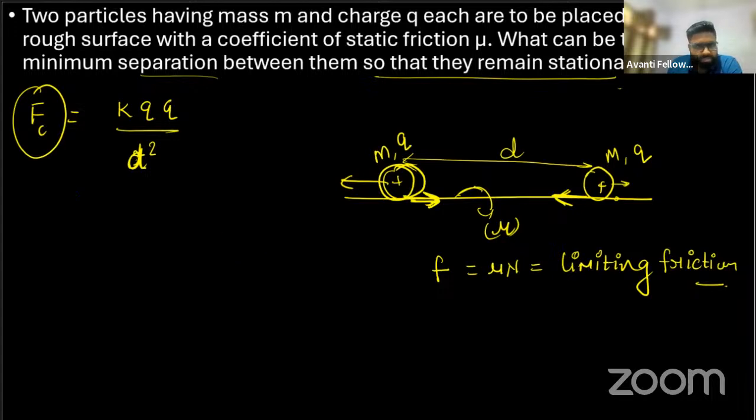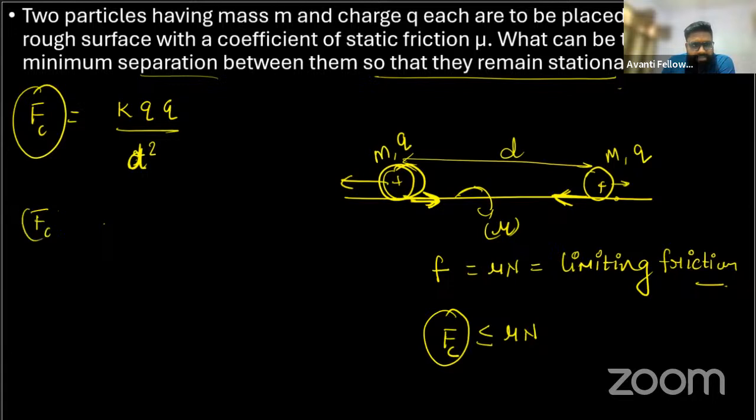Frictional force is always less than or equal to mu N. So this force Fc should be less than or equal to mu N so that they cannot move. The maximum value that Fc can take is equal, otherwise all the values are less than mu N.